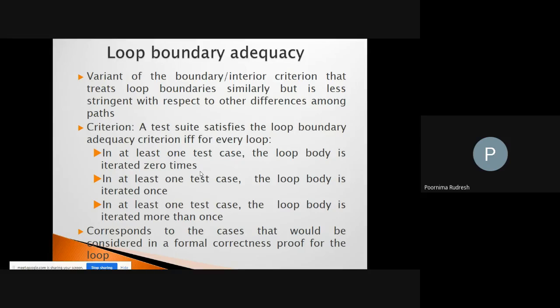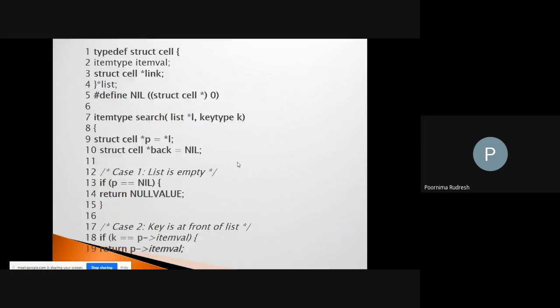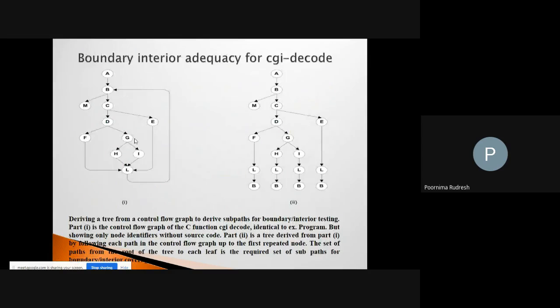We'll see this criteria. A test suite satisfies the loop boundary adequacy criteria if and only if for every loop, for at least one test case, the loop body is iterated 0 times, or iterated once, or iterated more than once. Loop body means, if we consider this case, here for this D, H, E and L, there exists a loop body within the for G, right?